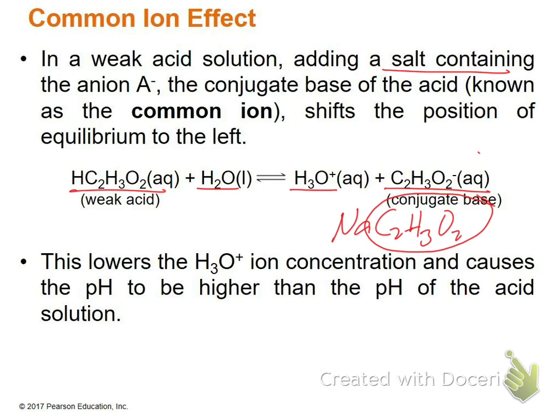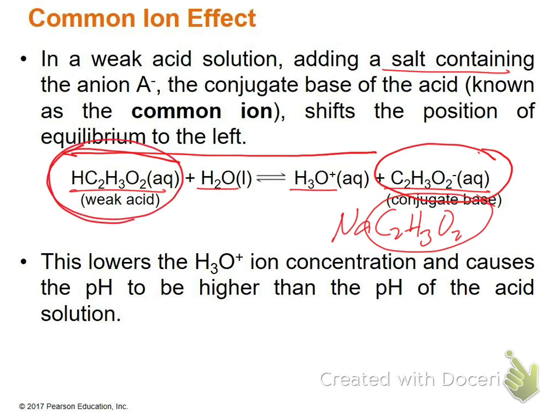So acetate here is our common ion, and based on Le Chatelier's principle, by adding a salt here, you're also increasing the concentration of the conjugate base. Based on this chemical reaction equation, which is in equilibrium, the equilibrium will shift towards the left, favoring the formation of the intact acid.